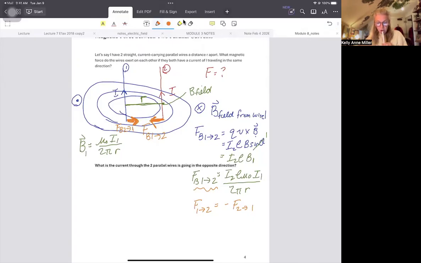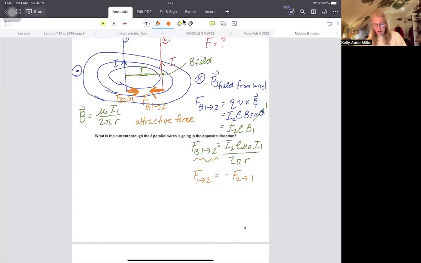When the current is going in the same direction, the force between the two wires is attractive. They're pointing towards each other. It's an attractive force. I hope you can see that.